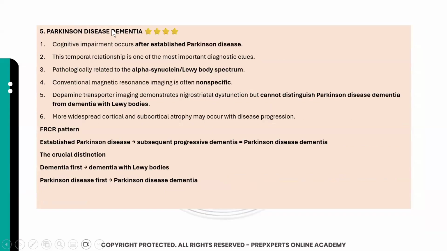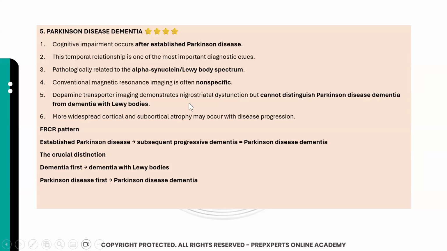Okay, Parkinson disease dementia, that comes after Parkinson symptoms. This temporal relationship is one of the most important diagnostic clues. Pathology is due to alpha-synuclein or Lewy body spectrum. Conventional MRI is non-specific. It's not helpful in Parkinson's disease.